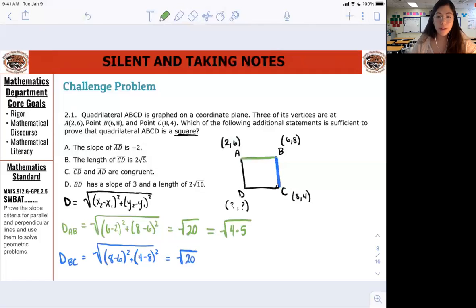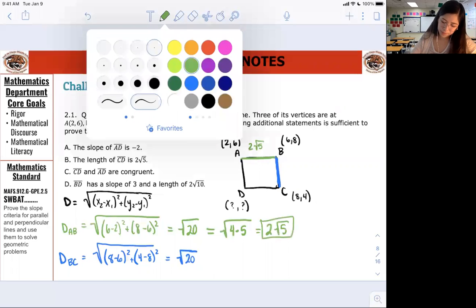I can take the square root of 4. The square root of 4 is 2. So this is 2 root 5, 2 times the square root of 5, which is also going to be the case for BC.